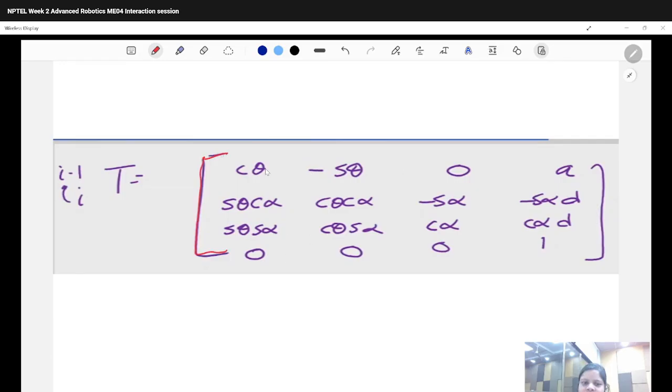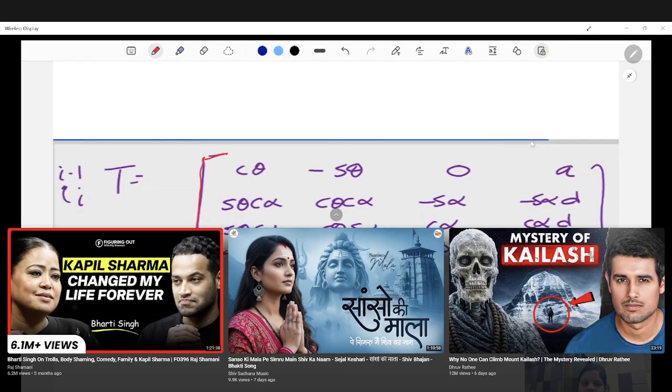Let's say we have some theta, some alpha, some a, and some d. Then what is the transformation matrix that we get between two links, i minus 1 to i? This is the matrix. So in MATLAB, you just take this matrix, plug it in, substitute the values, and you get a transformation matrix directly.